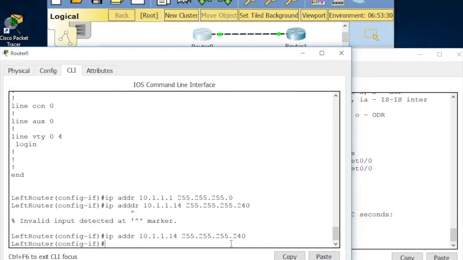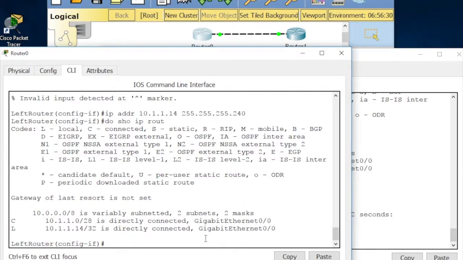How do I prove that out on the router? Okay, so I'll do a show ip route, and now the router is telling me that instead of a /24 address, I've got a /28 address, and critically that .0 is telling me I'm in the first subnet possible with that mask.